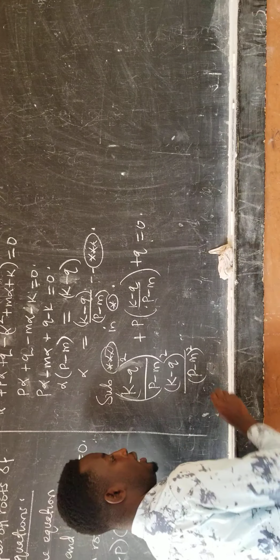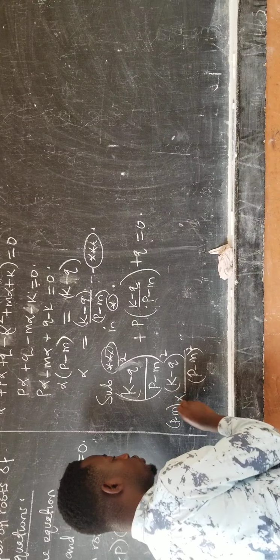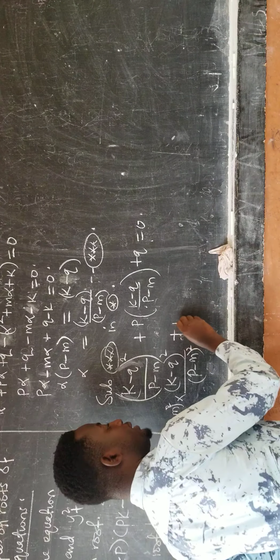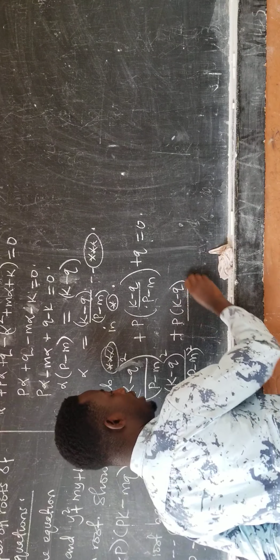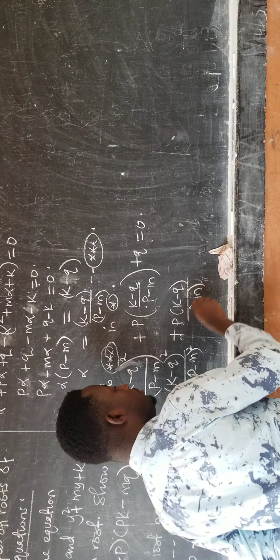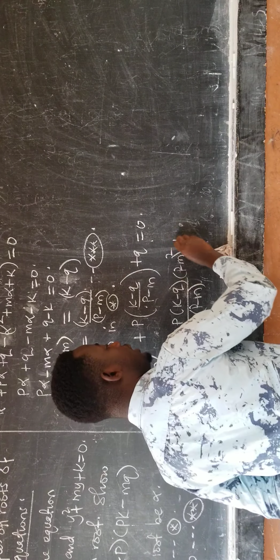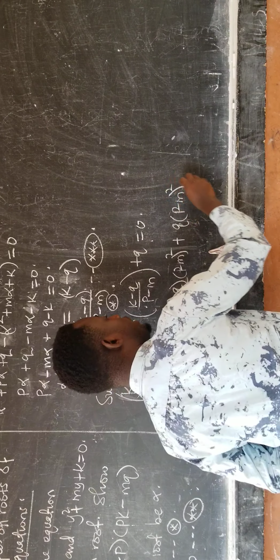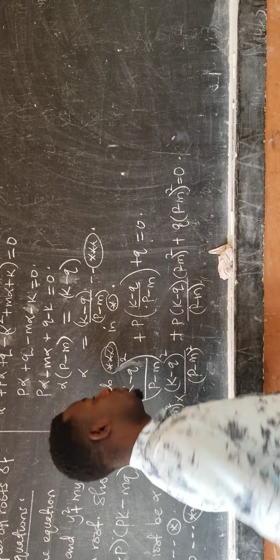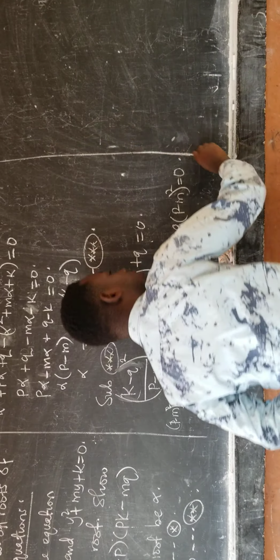I'm going to multiply everywhere by p minus m squared, then plus p into k minus q out of p minus m, still into p minus m squared, then plus q into p minus m squared. This one is equal to 0 because any number multiplied by 0 remains 0.